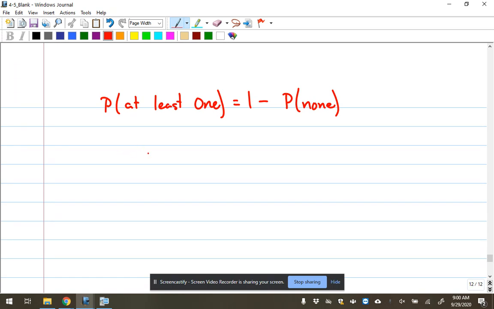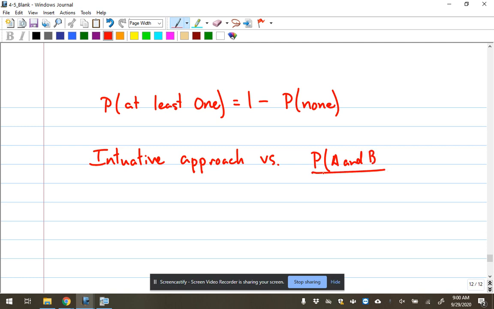And then think about the intuitive approach versus the formula, probability A and B over probability of A. That sort of thing. So make sure you pay attention to those things.